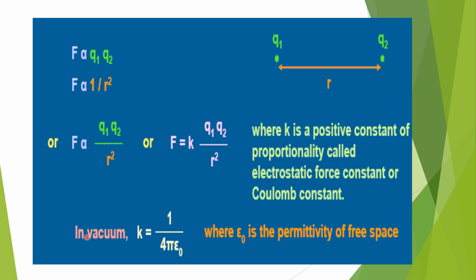The value of k is given by k is equal to 1 divided by 4 pi epsilon 0. So we are introducing a new symbol, the Greek letter epsilon, and the subscript 0 is also introduced. To understand this we are considering free space or vacuum. So we'll understand what epsilon is in detail.